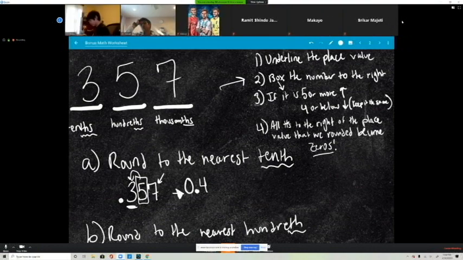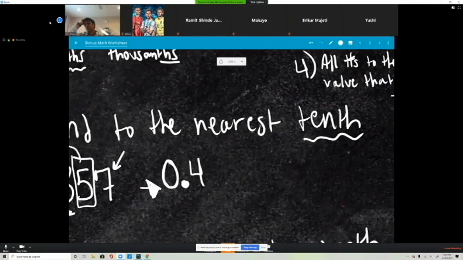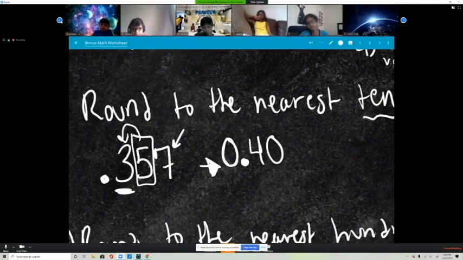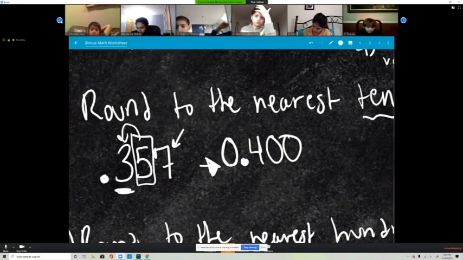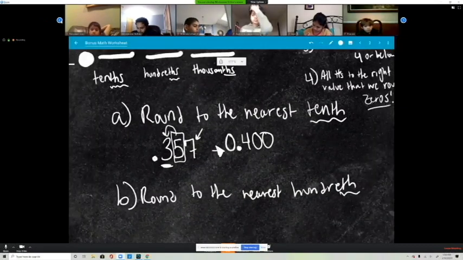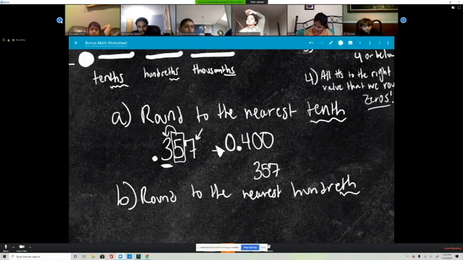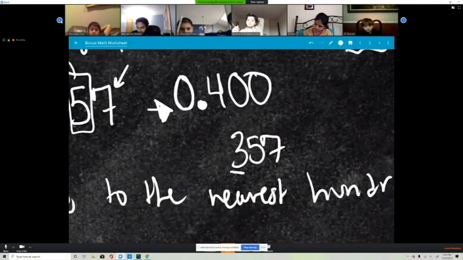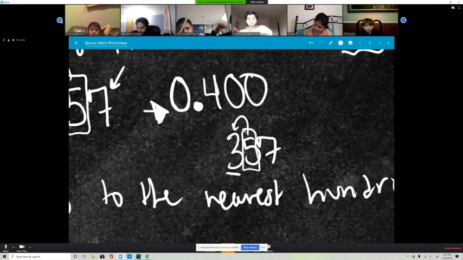So we could turn the 5 and the 7 into zeros. We did that with whole numbers. If it was just the number 357 with no decimal place and we rounded to the nearest hundred, boxed the 5, and did the same steps, this would be 400.